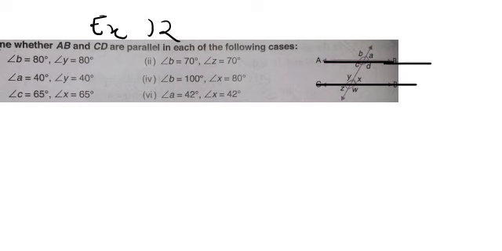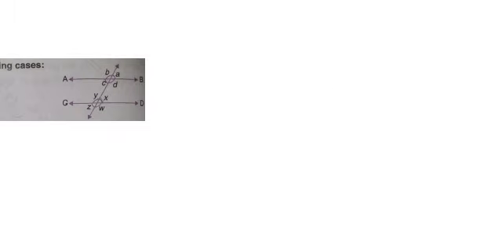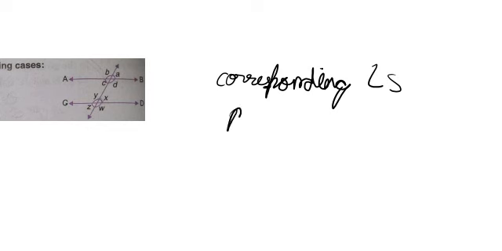But they have given the measures of the angles, and seeing the measures of the angles we have to tell whether the lines are parallel or not. So I'll quickly tell you, we have already studied the properties of parallel lines. If two lines are parallel to each other, they should have similar properties, such as all the corresponding angles, and the alternate angles, all the interior alternate, the exterior alternate. And what other type of angles do we have?